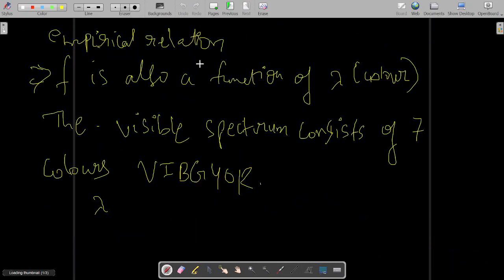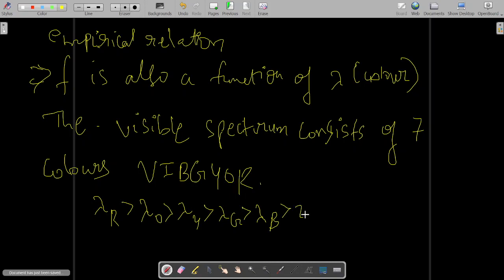So lambda for red is greater than lambda for orange, which is greater than for yellow, greater than for green, greater than for blue, greater than for indigo, greater than for violet.